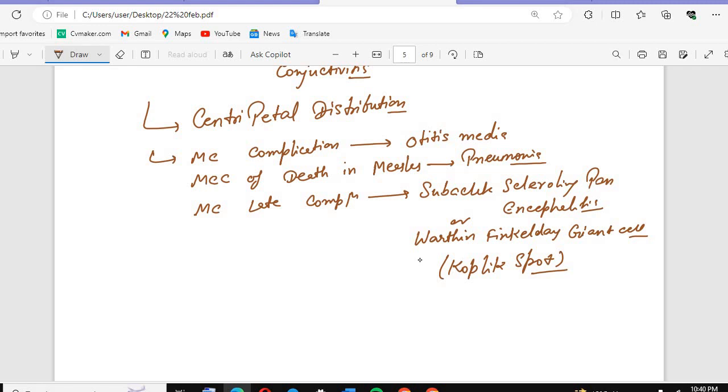This is a very important keyword. Warthin-Finkeldey giant cells are multinucleated. Also, we will see the Koplik spot, which is seen opposite the molars M1 and M2. That is the Koplik spot. I hope this is clear.